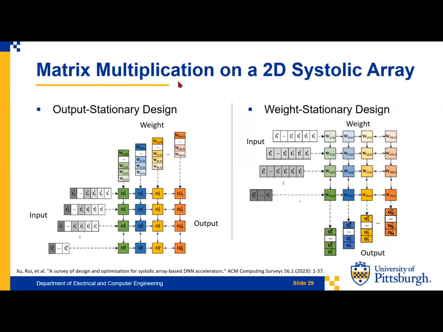There are two types of 2D systolic array: the output stationary design and the weight stationary design. In the output stationary design, the output result is accumulated and stored in each processing element. The weight stationary design means the weight is stored in each processing element.